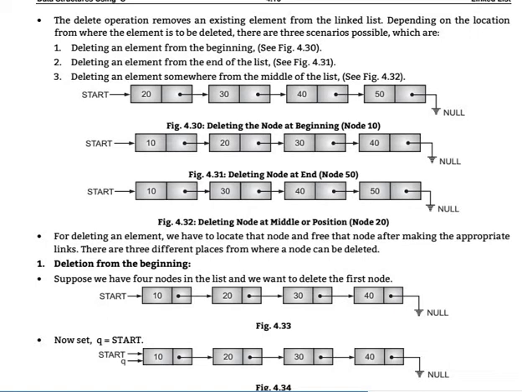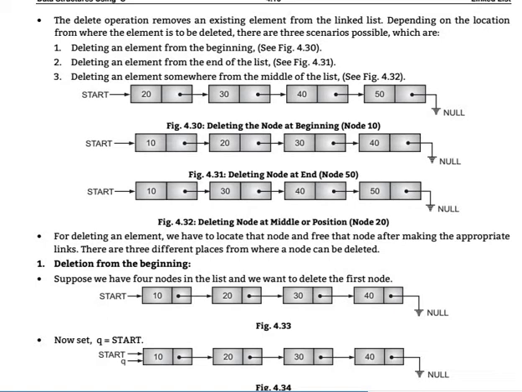Next point: the delete operation removes an existing element from the linked list depending on the location from where the element is to be deleted. There are 3 scenarios possible, which are also said to be possibilities or tasks. Okay.